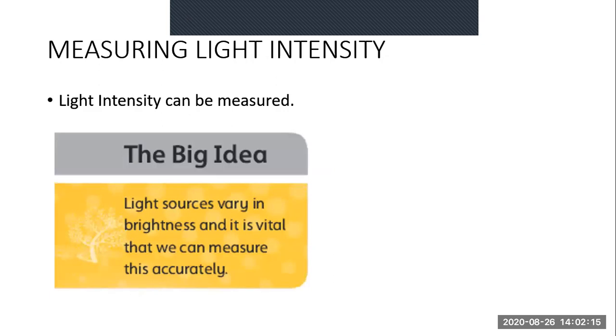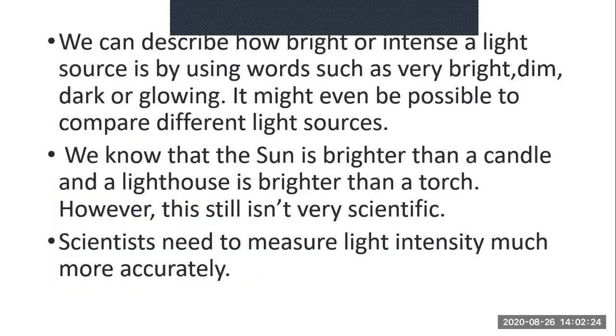Last lesson we learned that light sources can be bright or dim, dark or glowing. It means the intensity is different for different light sources.